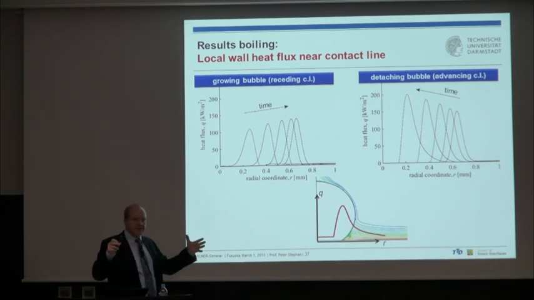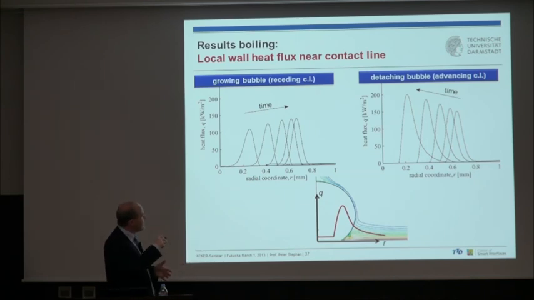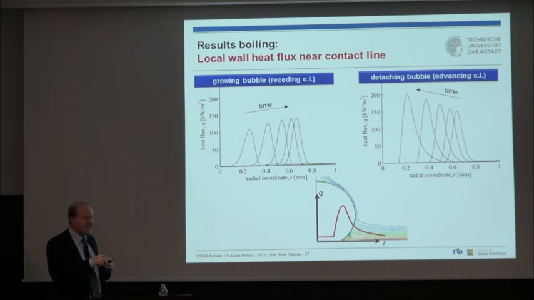And when the bubble starts to detach, we change the contact line velocity from a receding situation to an advancing situation, from this situation to this situation. And then the heat flux maximum is even a little bit higher. And as it increases with the contact line speed, also the maximum slightly increases.